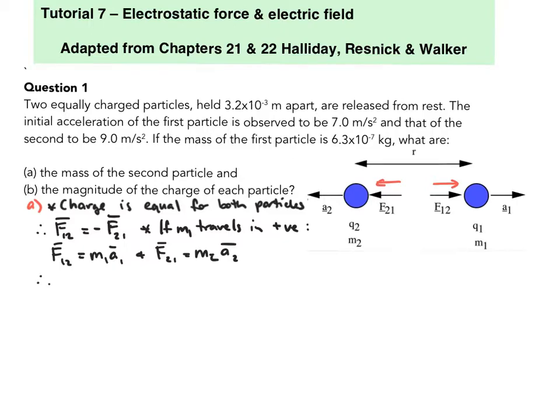So therefore, M1A1 is equal to negative M2A2. We just need to solve for M2 here.